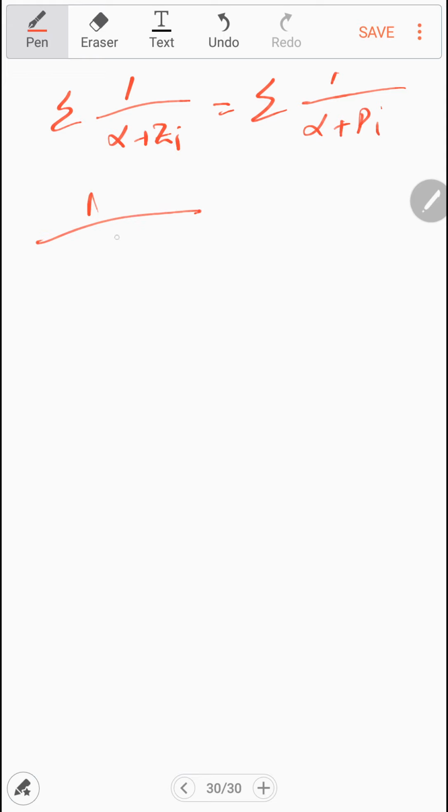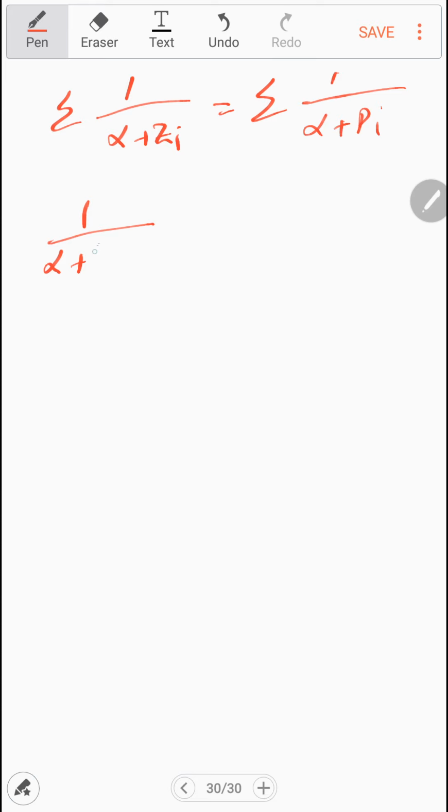We can find these by using the relationship we said earlier: the summation of 1 over alpha plus zi equals the summation of 1 over alpha plus pi. So the zeros are s minus 3, s minus 5. This is the summation over each root.